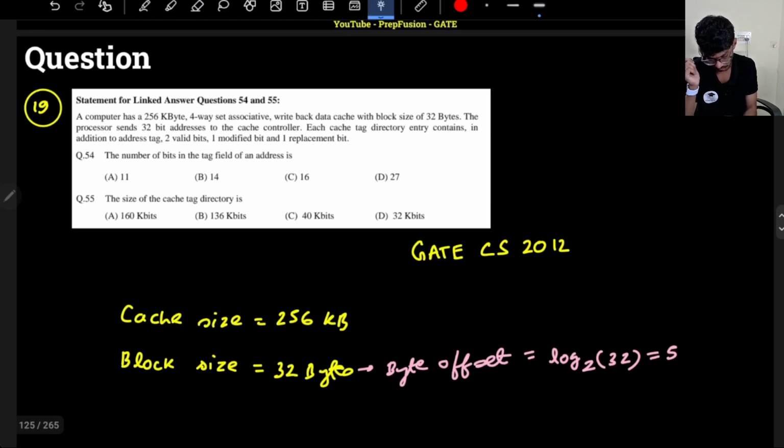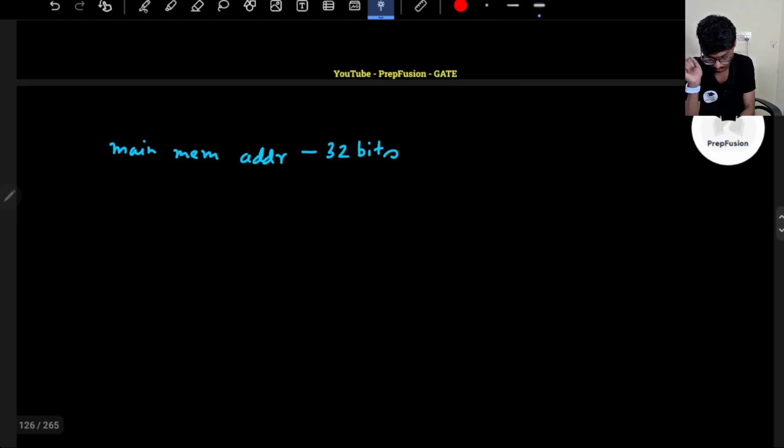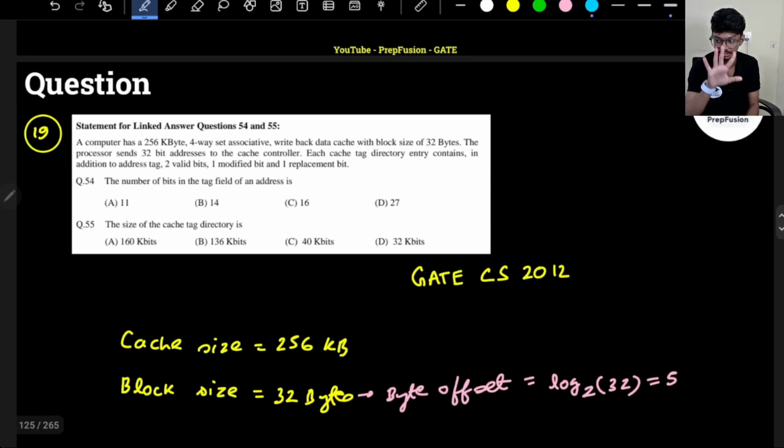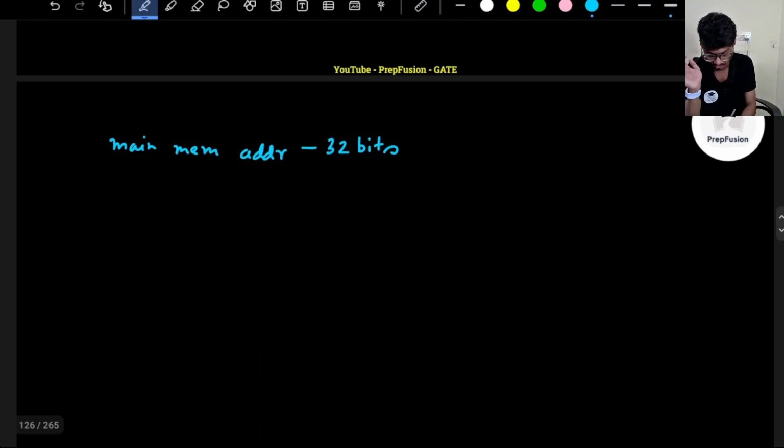Each cache tag directory entry contains, in addition to the address tag, two valid bits, one modified bit and one replacement bit. So basically these are extra tag bits, because in addition to the address tag bits, which are the unique identifier, I have these extra bits.